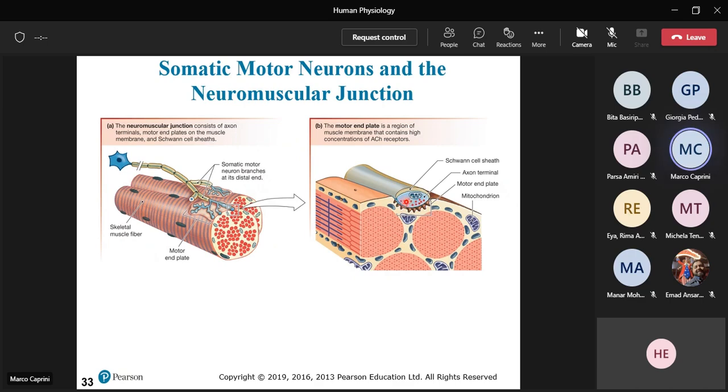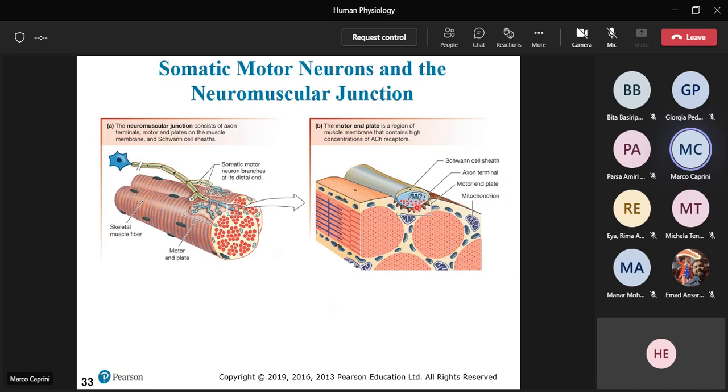The important point here again is that the acetylcholine, in red here, is released in the synaptic cleft. The process that allows this release is the fusion, the exocytosis of the acetylcholine vesicles with the membrane.